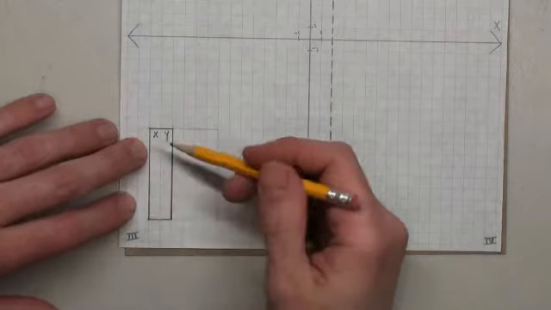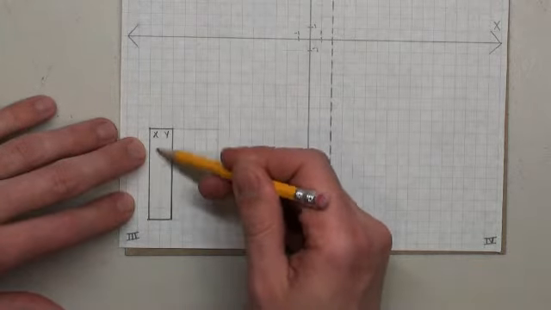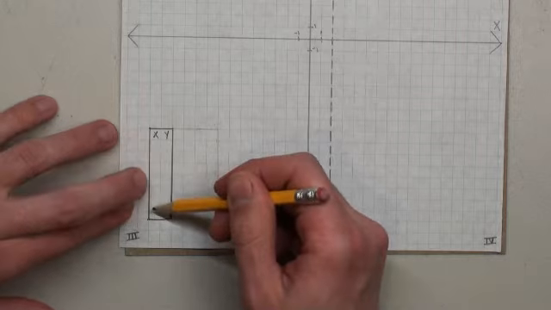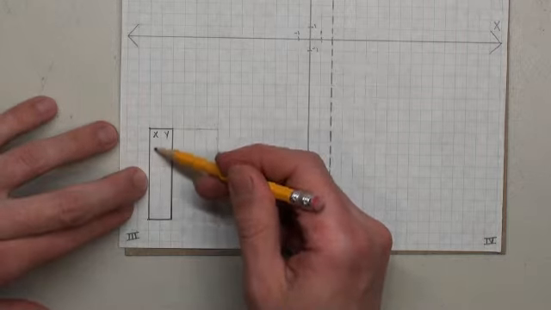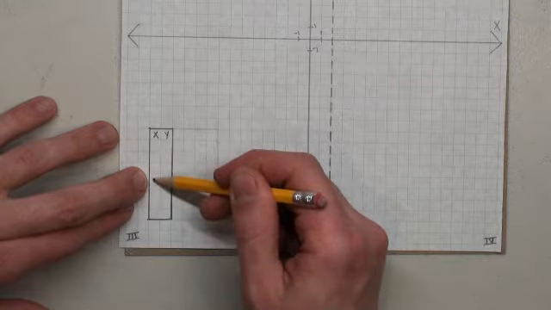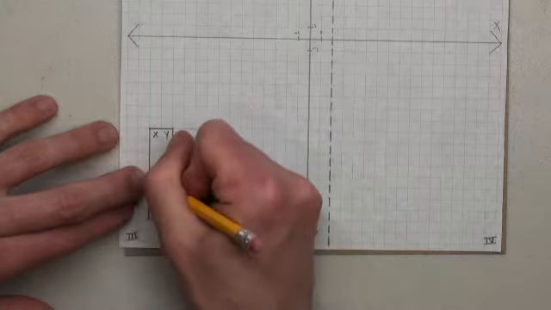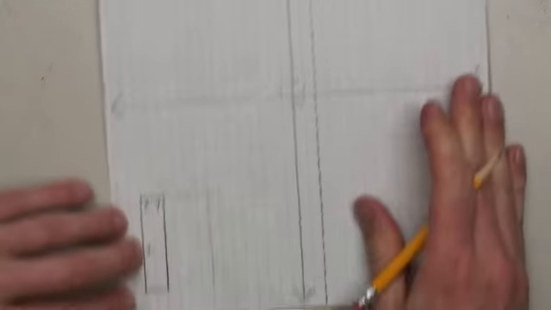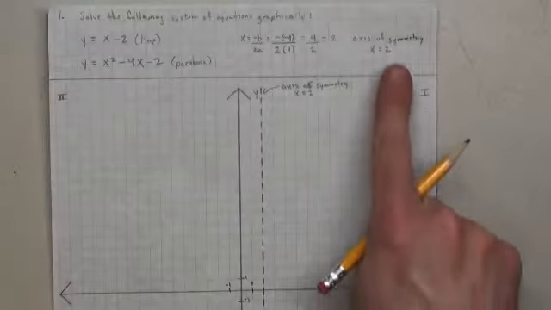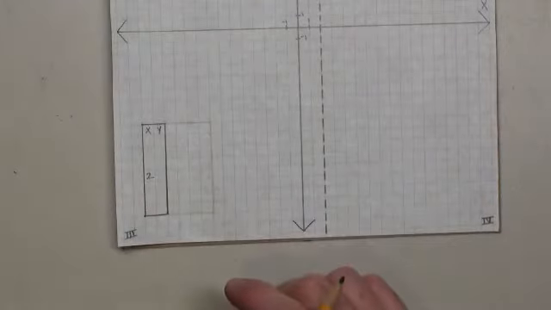So, if you look, there's 1, 2, 3, 4, 5, 6, 7 places left. So in the 4th spot, we're going to leave 3 above and 3 below. So right in the middle now, we're going to put that axis of symmetry value that we got for x. And we got 2, right? So we put that right in the middle of our chart.